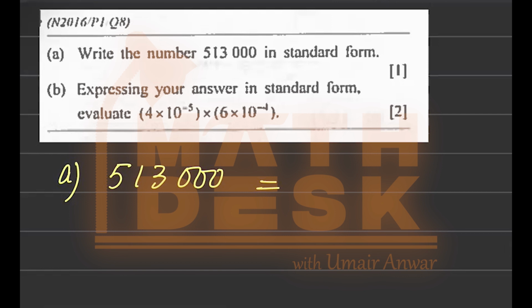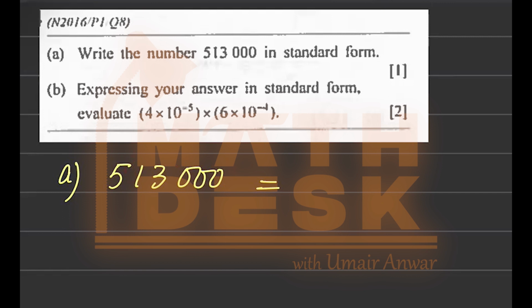At the moment, the decimal is written after all the digits. So if I move it 1, 2, 3, 4, 5 digits to the left, then this number would be converted into the standard form.